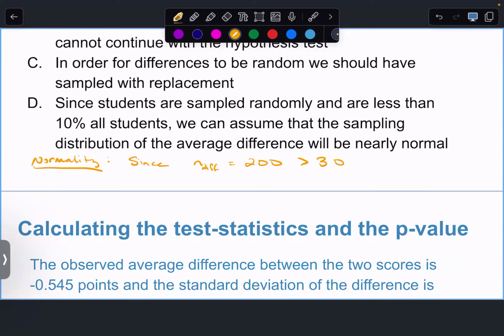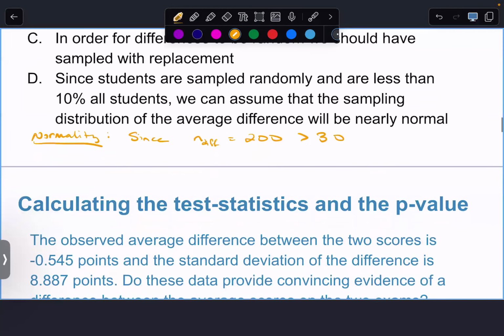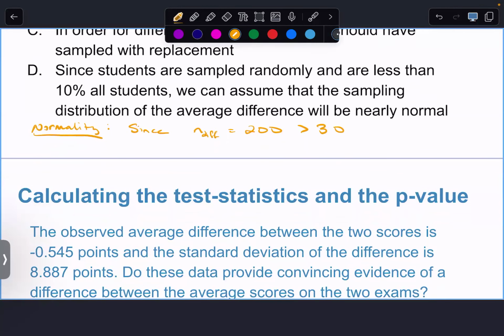Once we reach 30, it doesn't really matter. The normality condition is satisfied. If we have less than 30, that's when we would look at the histogram and argue it looks approximately normal. So we can assume normality.